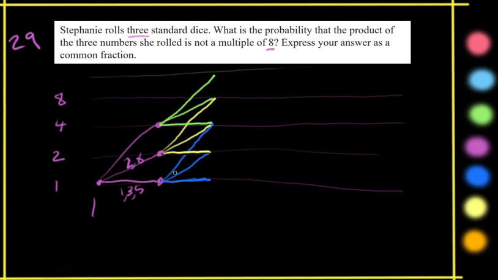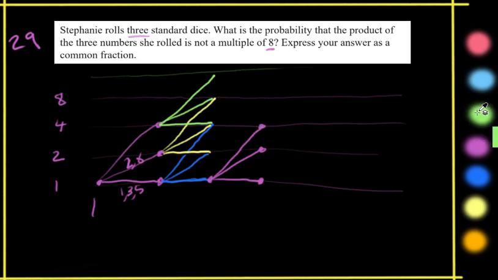And then we got one more die, so let's go ahead and grab some more colors. So here we can go from here to here, or we can go up to here, or up to here, depending on what we roll.